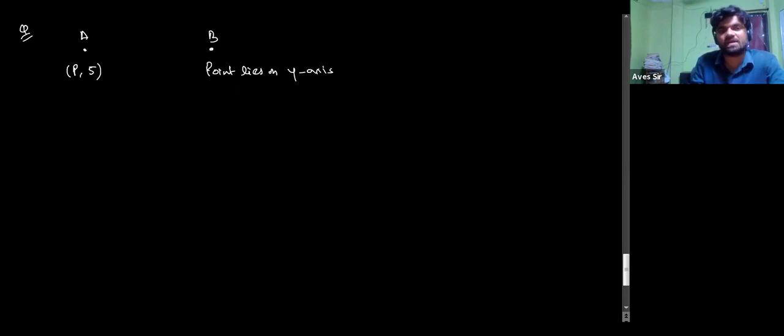If the distance between A and B is 2 units, then tell me what would be the value of P? B lies on the y-axis.